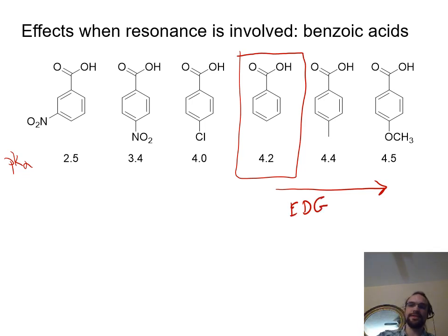They're pushing electron density towards the carboxylic acid, which is going to destabilize it. So these make this a weaker acid.